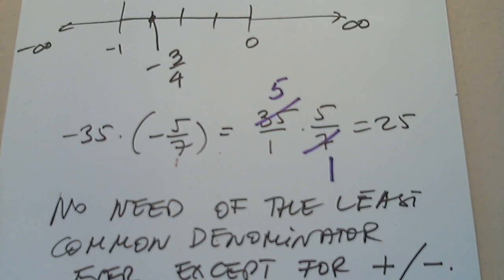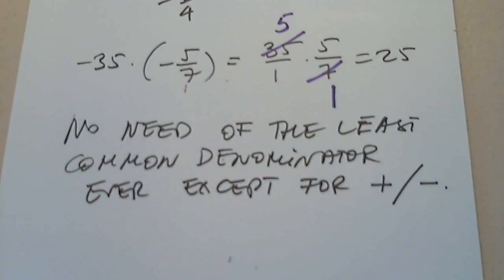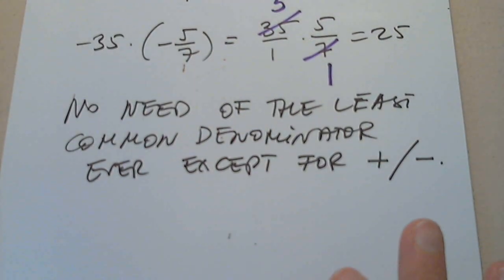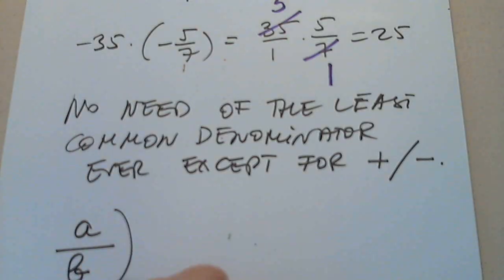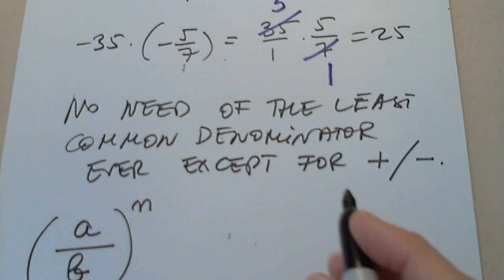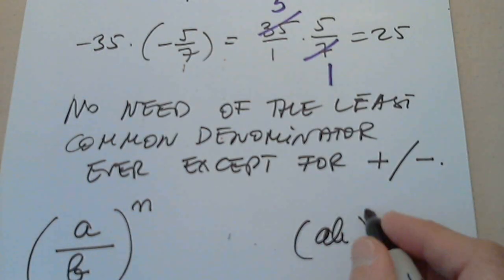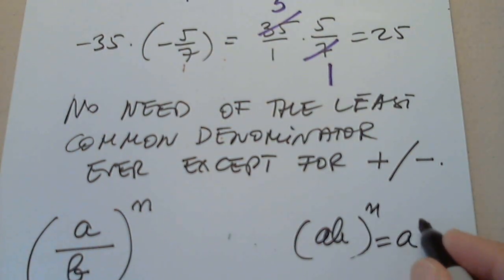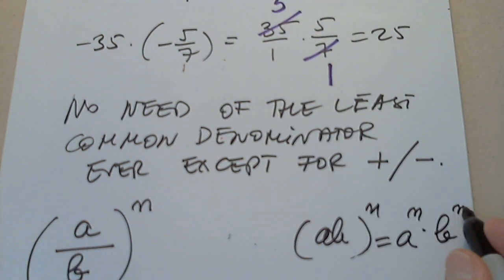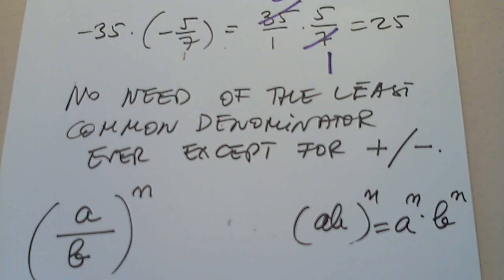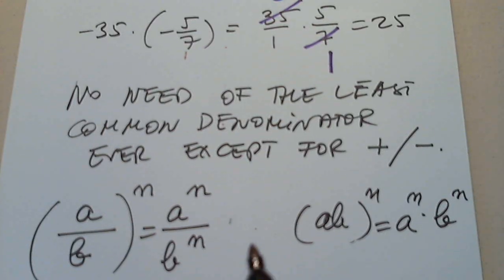Also 7 over 8, everything squared. We discussed exponential rules, but not this one. If I have a over b, everything to the nth power, we discussed ab to the nth power. It's the same. So it's a to the n times b to the n. Same rule: a to the nth power over b to the nth power.